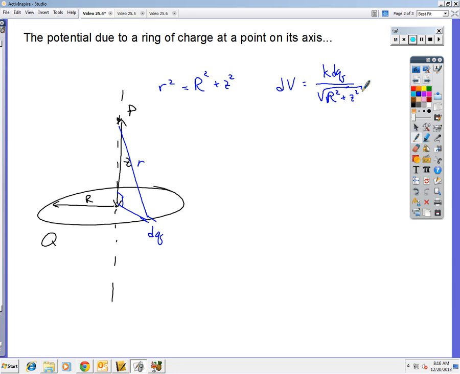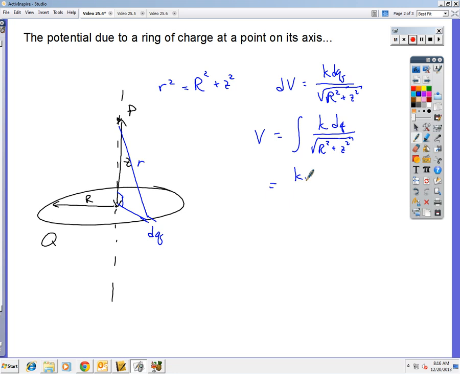And you may think, oh, we're in for another terrible, terrible integral, but it turns out we're not. Because when we go to integrate this, we find that k is a constant, big R and z are constants because those don't change for each dq.